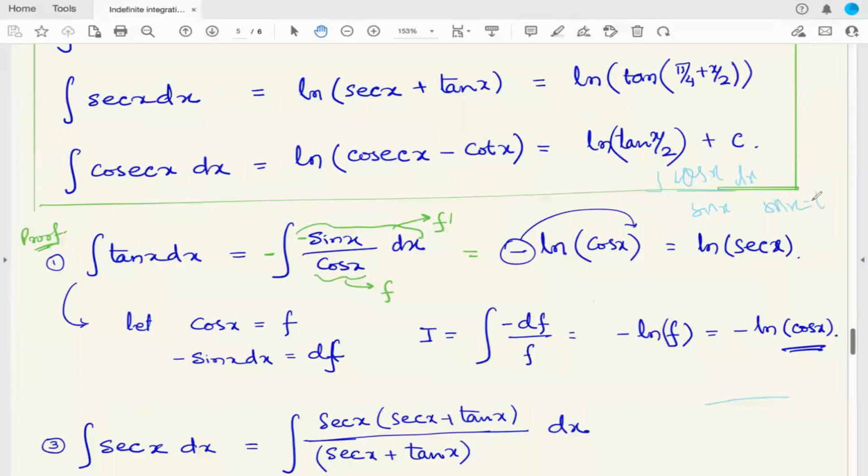If we differentiate this, we get cos x dx is equal to dt.